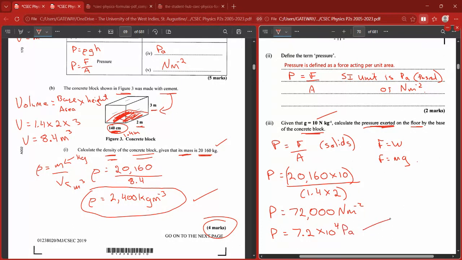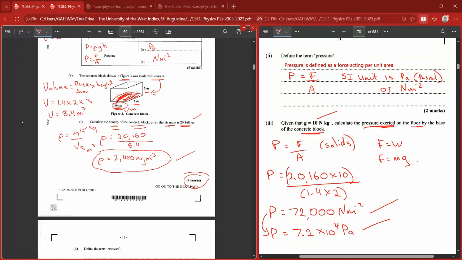Or you can put back the Newton per meter square, it doesn't really matter. But I just wrote my answer in standard form there, which we do sometimes in physics when dealing with large numbers. So you understand the solution here, right?